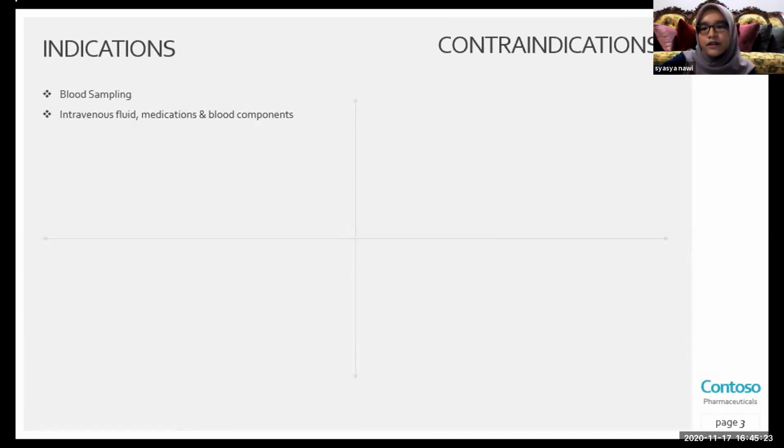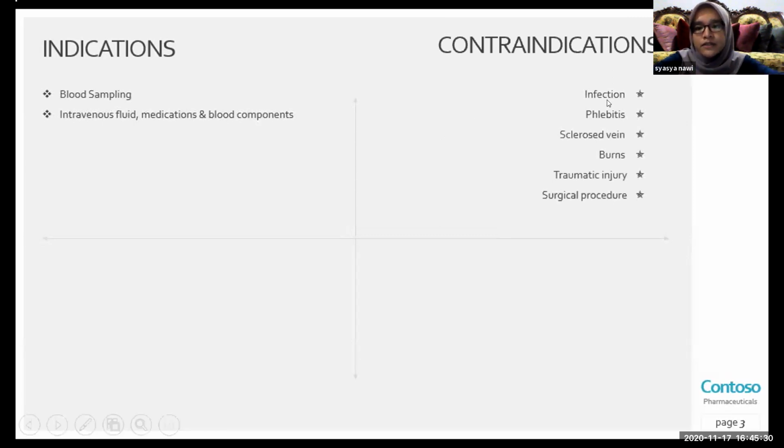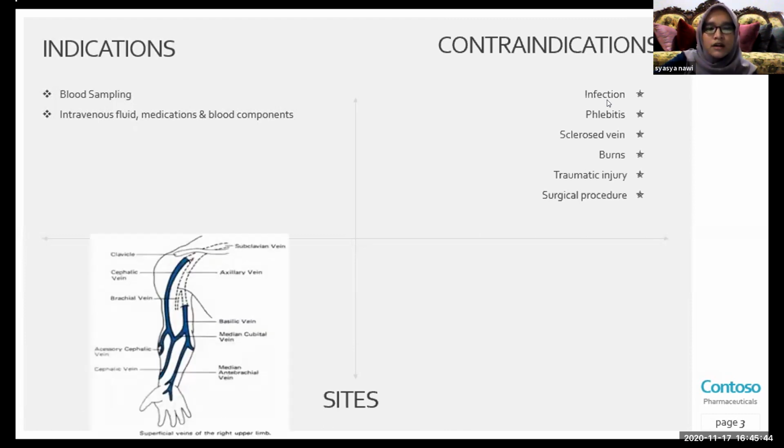Both procedures are contraindicated in patients with any infections, fluorescence veins, burns, phlebitis, traumatic injury, or any surgical procedure. The common veins chosen for these procedures are the basilic vein, the median cubital vein, and also the cephalic vein.